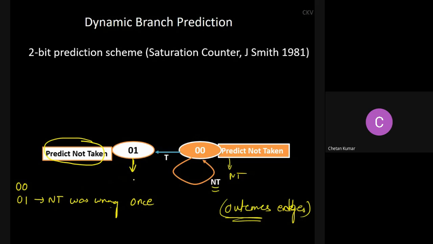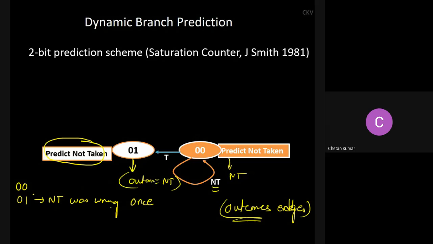If you are in this state and your outcome is not taken, what will that mean? Your prediction is again correct. So if your prediction is correct, should I remain in the same state or go to the original state 0, 0? Somebody is saying stay there. Why should I stay there?